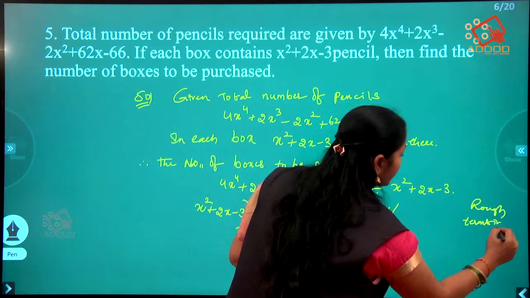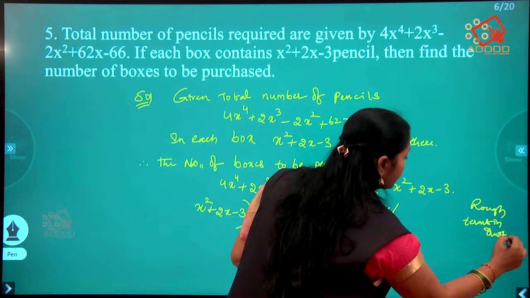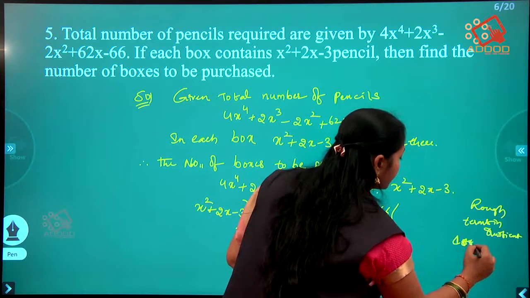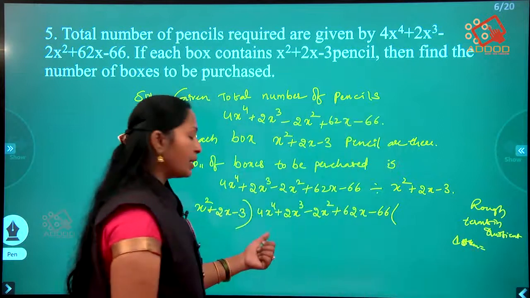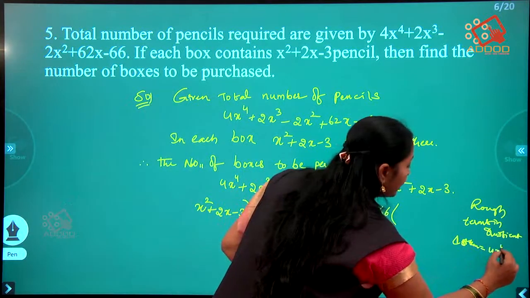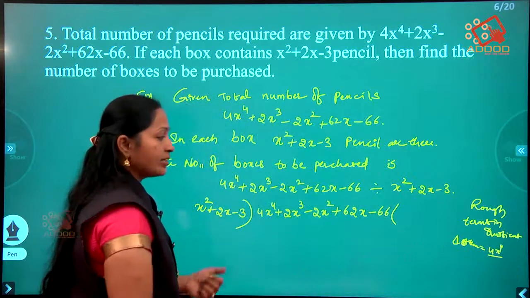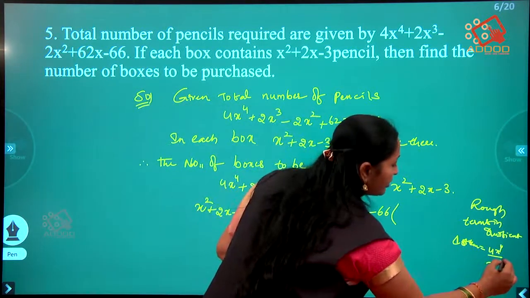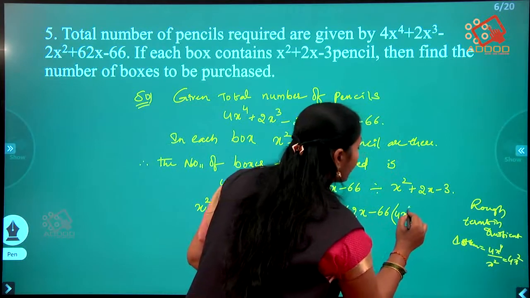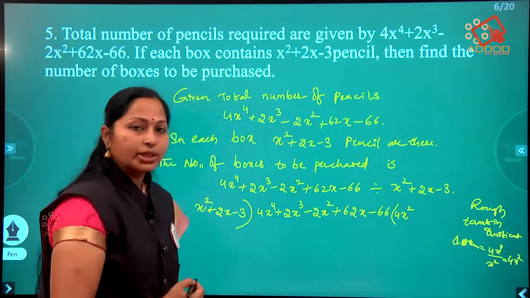The highest power term is 4x power 4 divided by x square. So what will remain here? 4x square. So 4x square is the first term in the quotient.